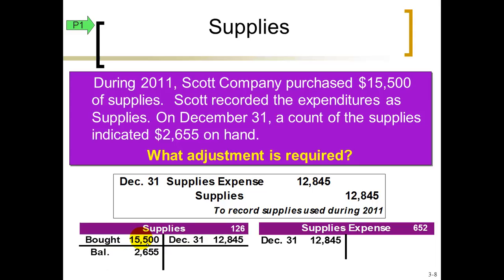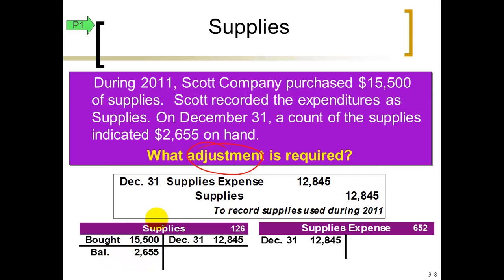So what we've got to do is record an adjustment. The only way you change an account is with journalizing a debit or credit. So here's our adjusting entry. We went through the company and counted how much supplies we still have on hand. 2,655 should be the balance we have left over in the supply asset account.